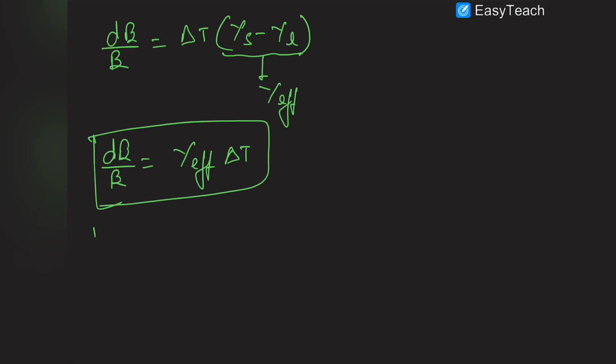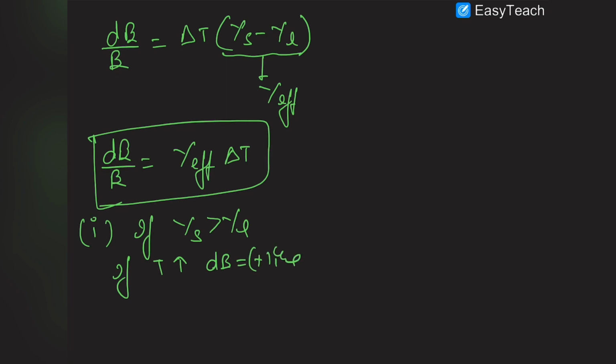Now in the first case, if gamma of solid is greater than gamma of liquid, then if temperature T increases, dB will be positive, which means that buoyancy increases.